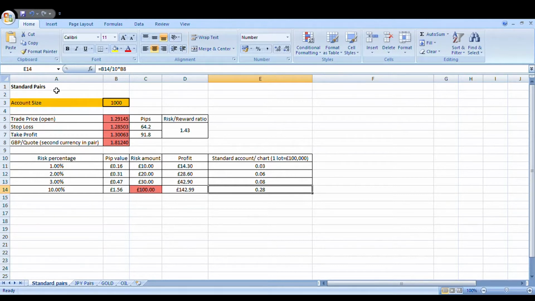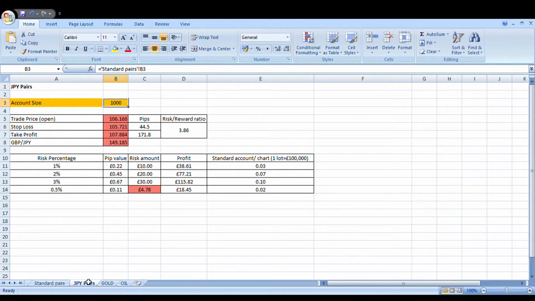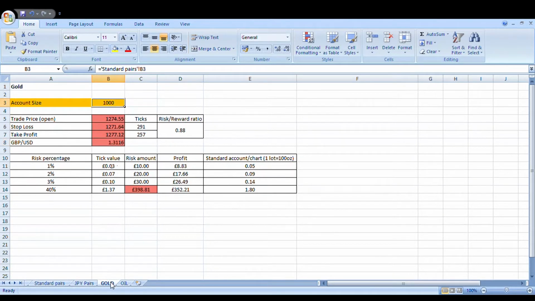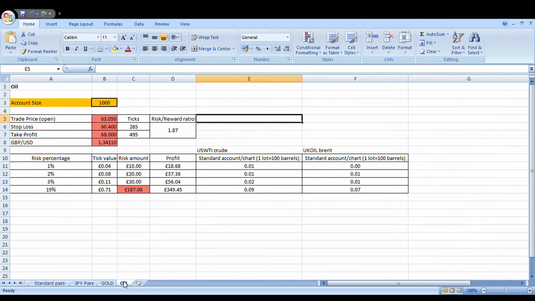So this is just for standard pairs. We've also got a tab here for yen pairs, obviously, as we know, slightly different, as well as position sizes for gold and oil.